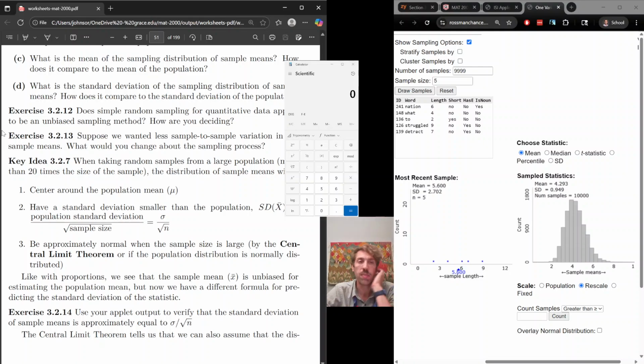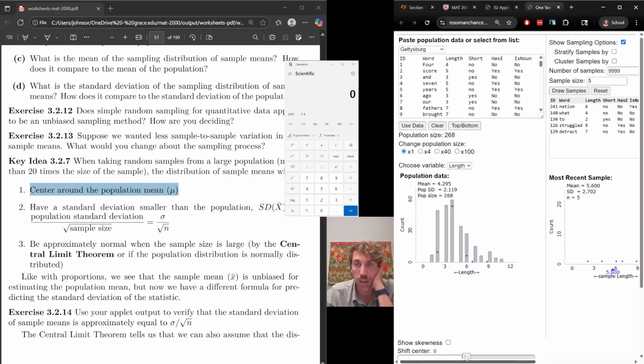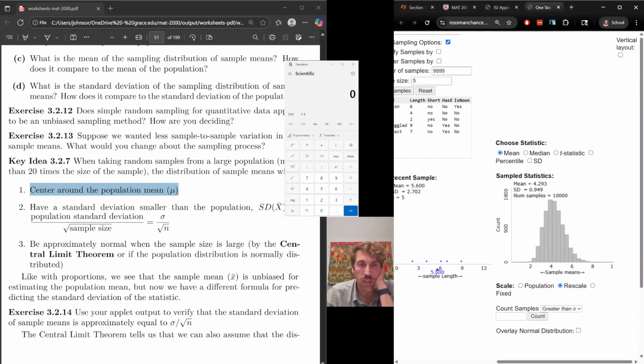So the key idea is that when taking random samples, the distribution of sample means will be centered around the population mean mu. So this histogram of the sample means is going to be centered around the center of the original. And then the standard deviation is going to be the population standard deviation divided by the square root of n, where n is the sample size.